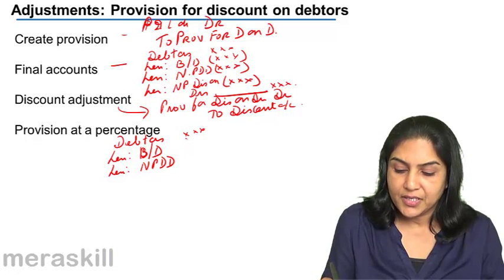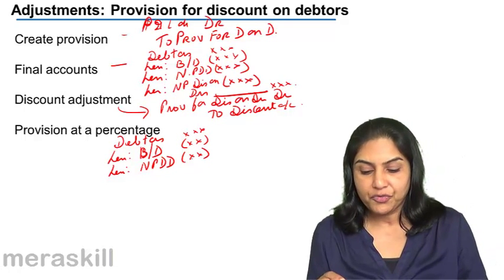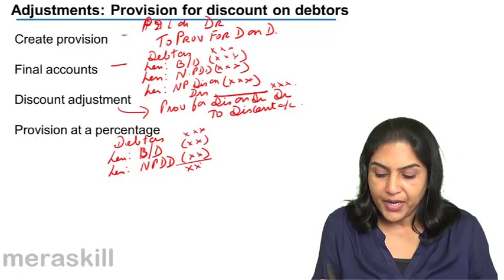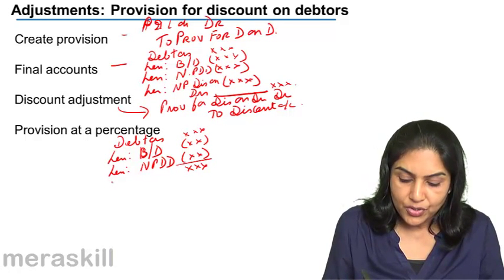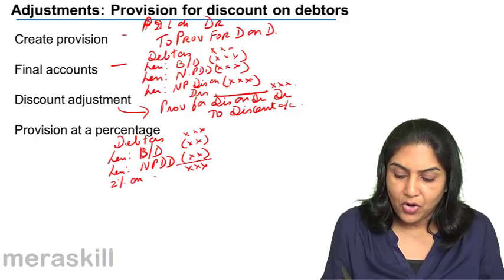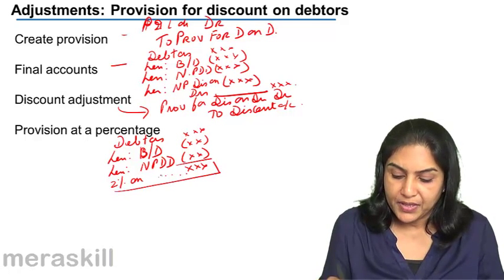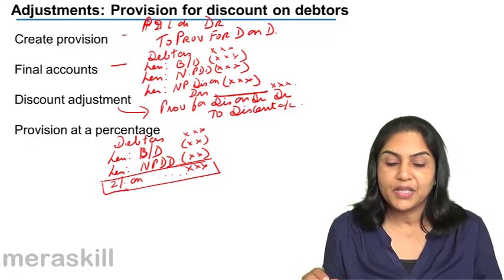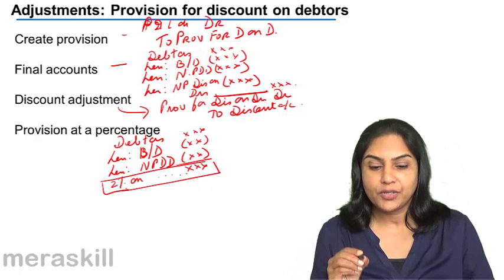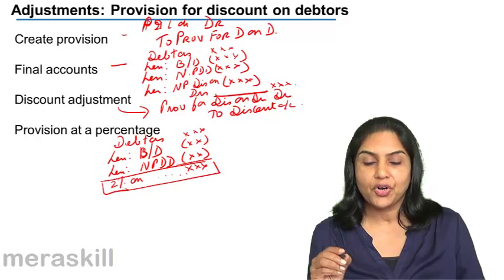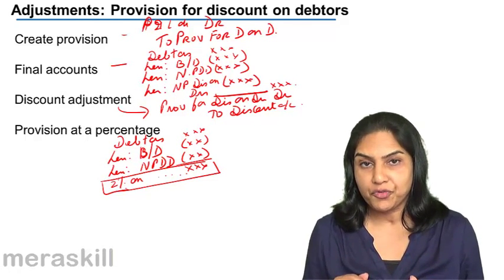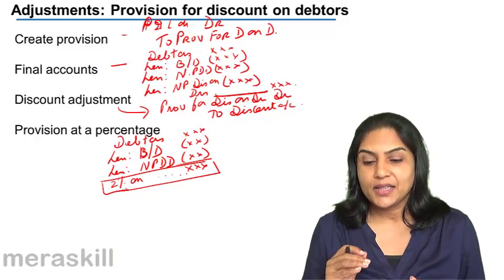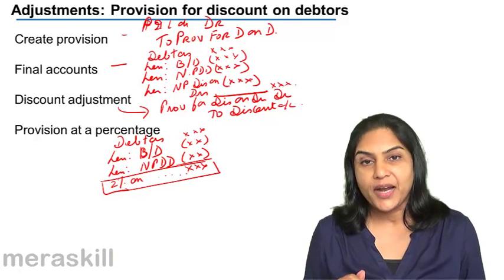So you have debtors, less bad debts, less provision for doubtful debts balance. The amount you get here, you charge a percentage of this. So let us say 2% on this figure would be the amount of provision for discount on debtors. The balance that we get, the discount would be computed on that balance.